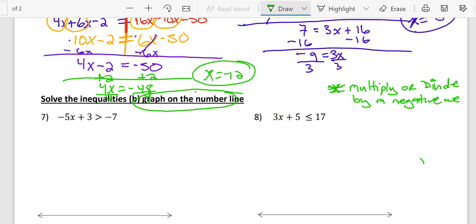So, what we mean by flipping the inequality is that if it was less than, if we divide by a negative, it's going to become greater than.